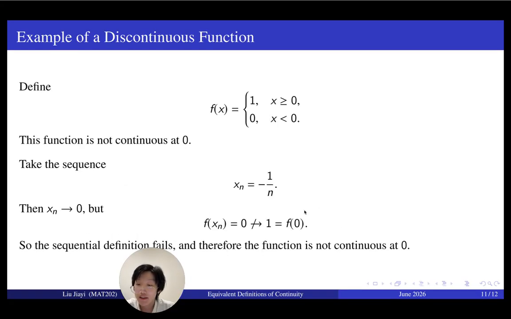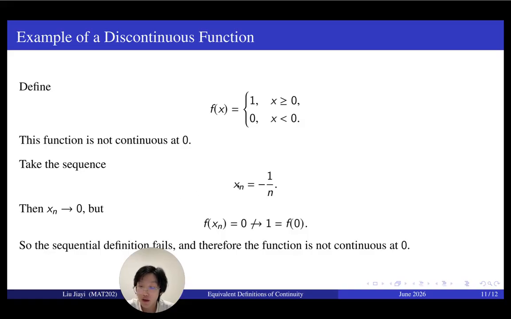Next example. Finally, let us look at a discontinuous function. Define f of x to be 1 when x is greater than or equal to 0, and 0 when x is less than 0. This function is not continuous at 0. Take the sequence x sub n equal to negative 1 over n.